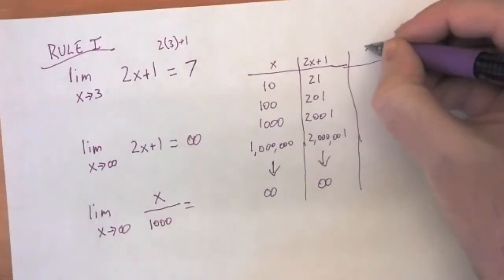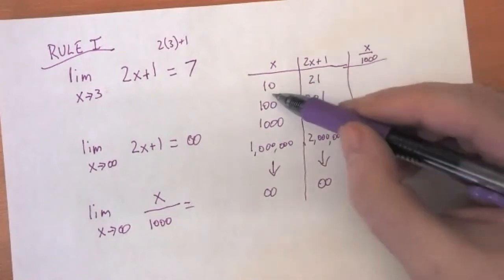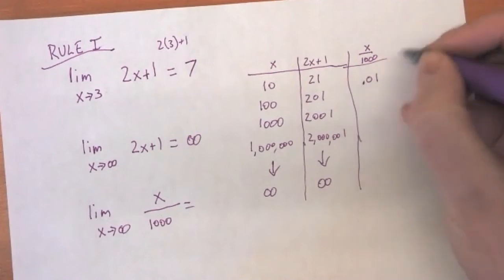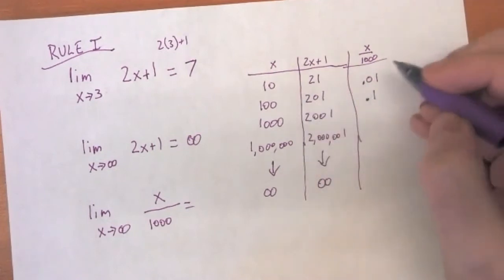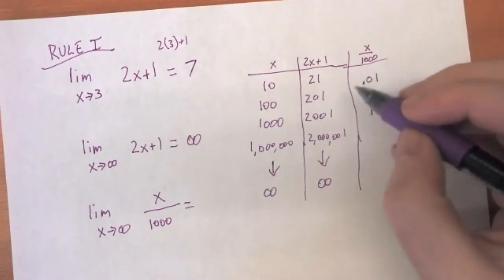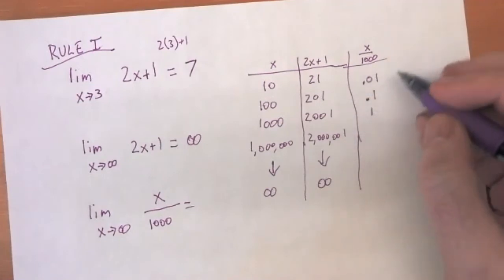Well, once again, we could create a table for this. 10 divided by 1,000 is 1/100th. 100 divided by 1,000 is 1/10th. 1,000 divided by 1,000 is 1. These look like really small numbers, but notice that they're increasing by a lot.